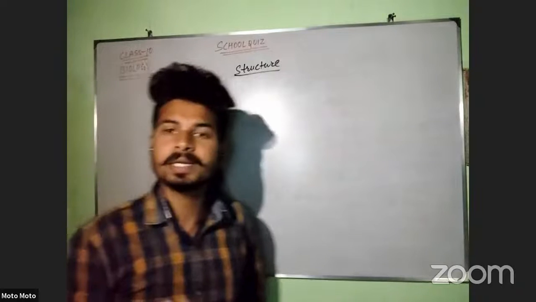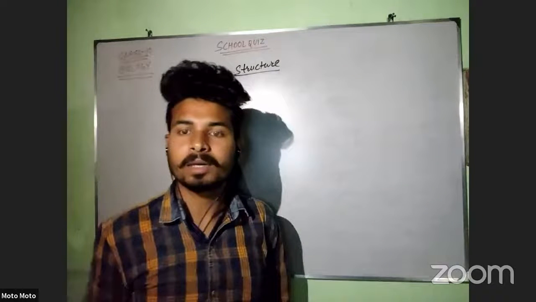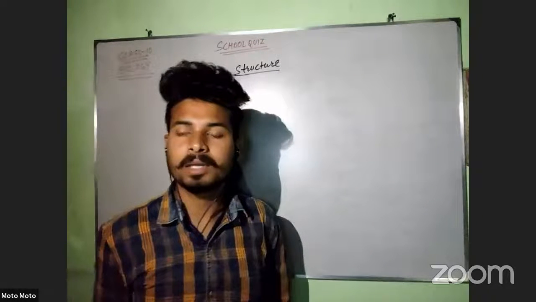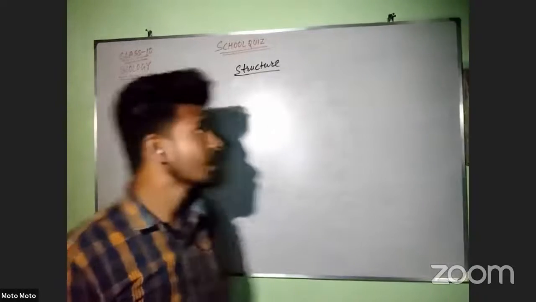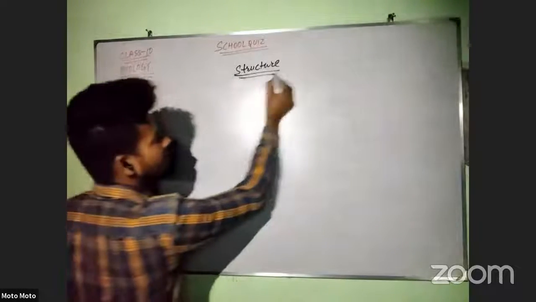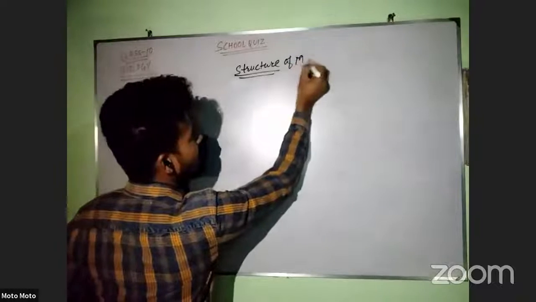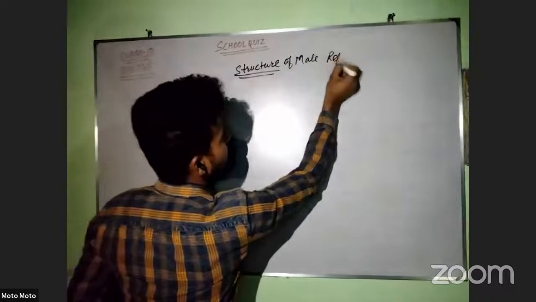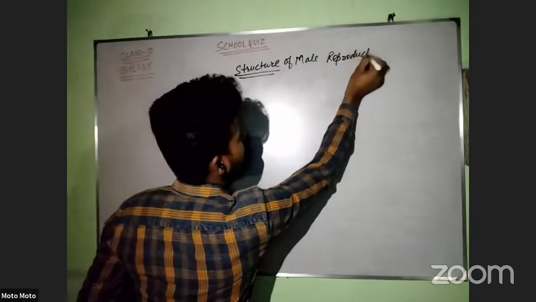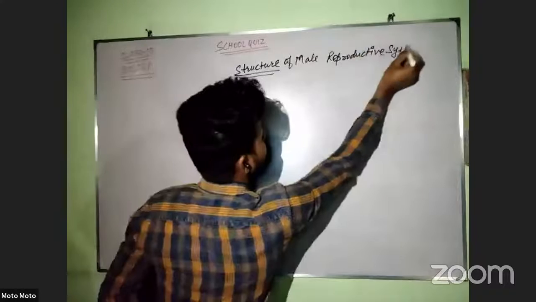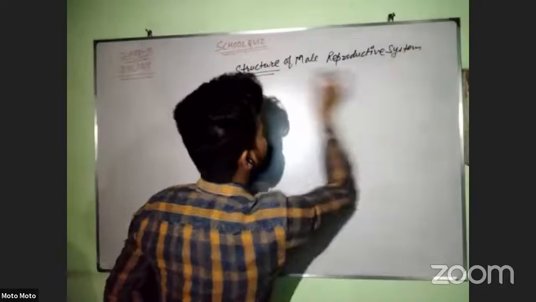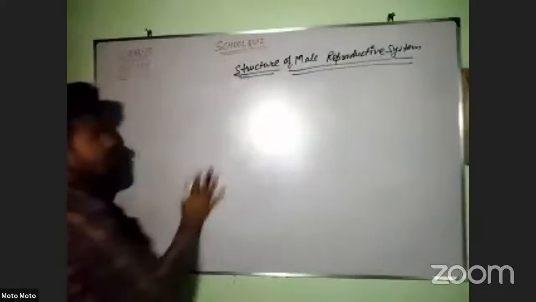First of all, we will be studying the male reproductive system, and then we will study the female reproductive system based on the structures. So, the structure of the male reproductive system, how we will be drawing it.